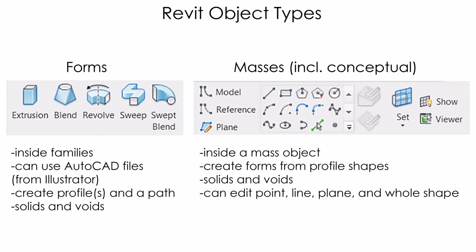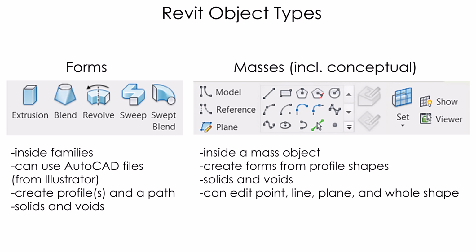So, the objects, as I mentioned, there's, I guess, 5 official forms, they're called, in Revit. And each of these uses basically a profile and a kind of path. An extrusion, the profile is drawn on the ground and extruded straight up or sideways, whatever. You draw it on the work plane. A blend allows you to draw 2 different profiles, and somehow Revit does the magic of combining them.